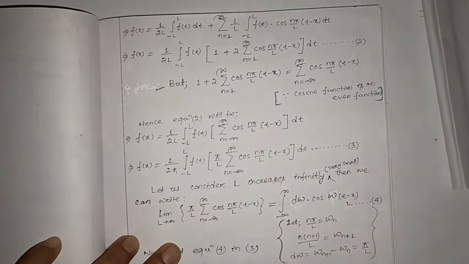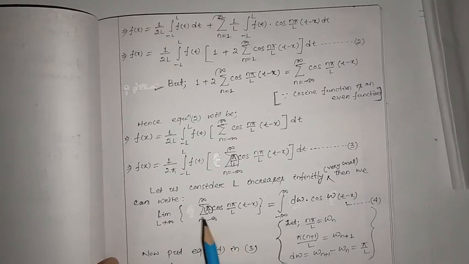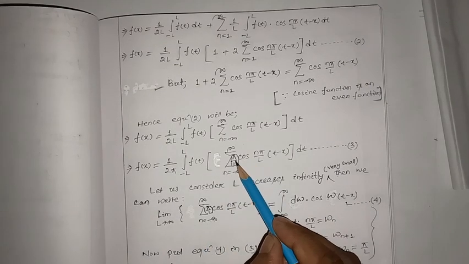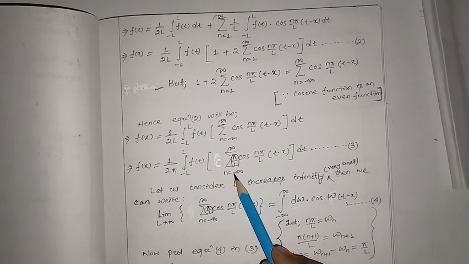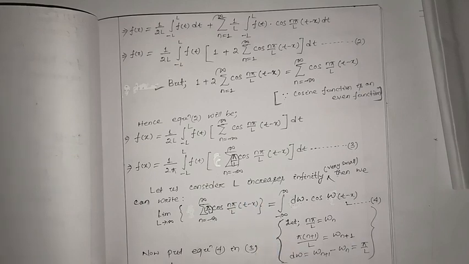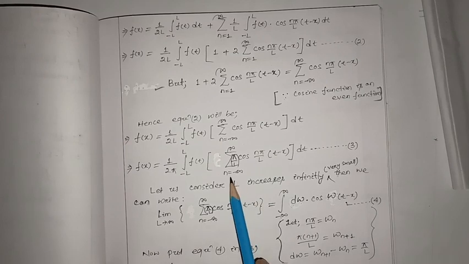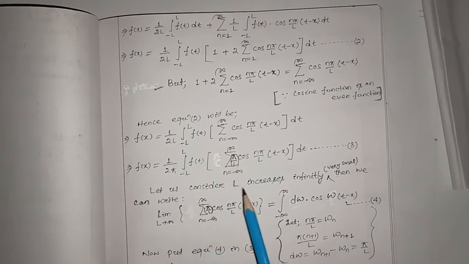Okay, just correct. So here I put the whitener, so pi by L should be inside this summation, because n changes from minus infinity to plus infinity, and L increases infinitely.